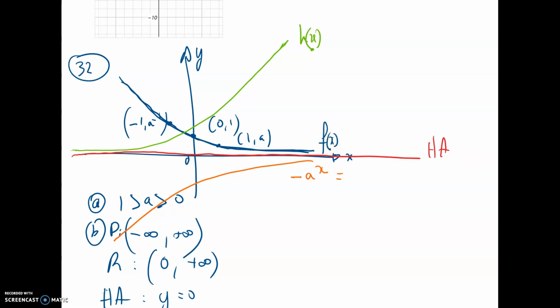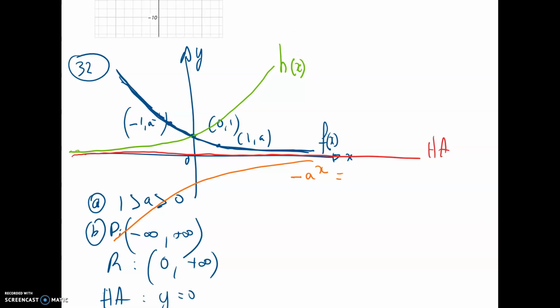And if I want to be realistic, basically what I should do is go for this point right here, and we have h of x. There we go.